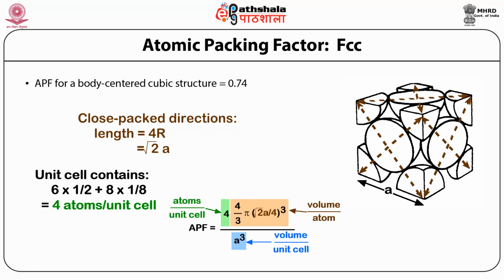Here r is the radius, which comes out to be root 2a by 4. So the numerator becomes 4 times 4 by 3 pi times root 2a by 4 whole cube, divided by a cube, which is the volume of unit cell. So students, by doing such calculation, we get the value of APF for the FCC structure to be 0.74.